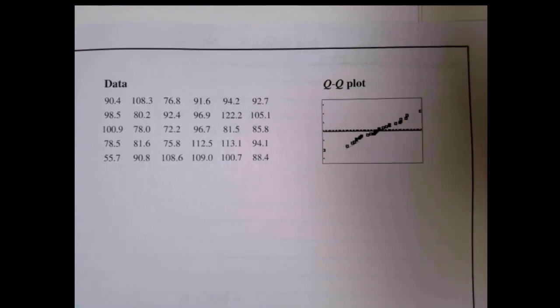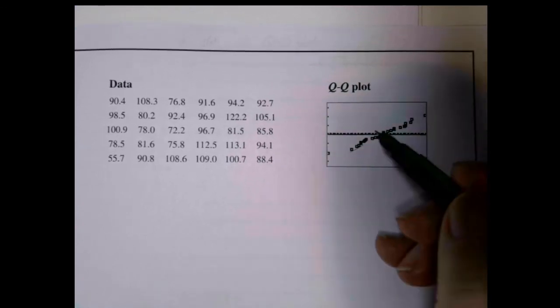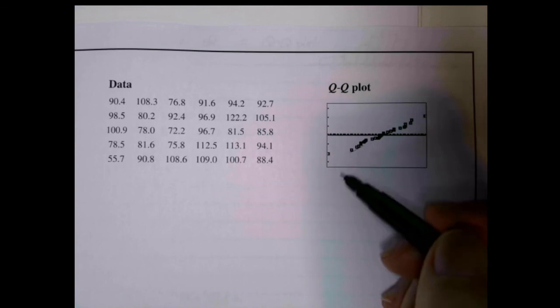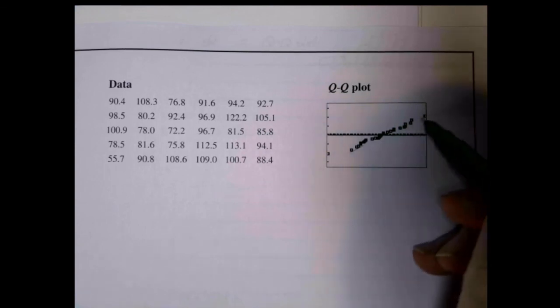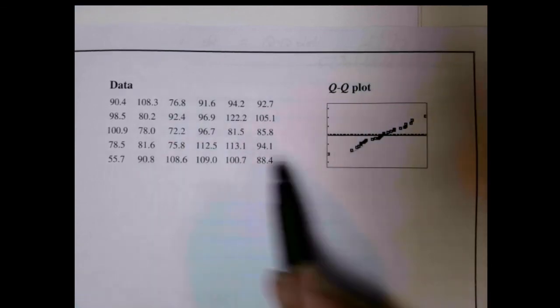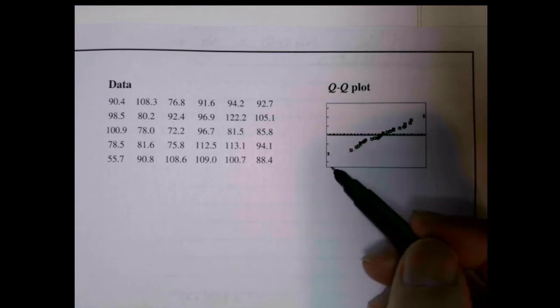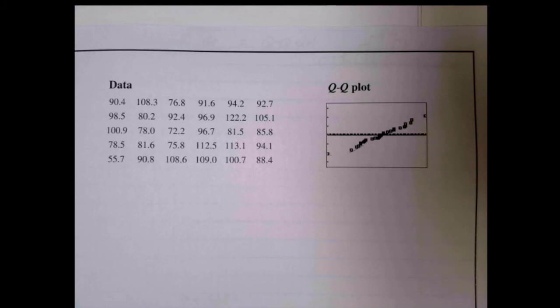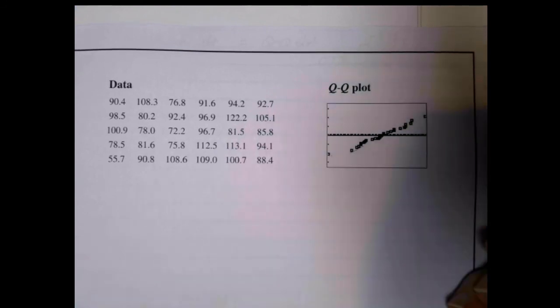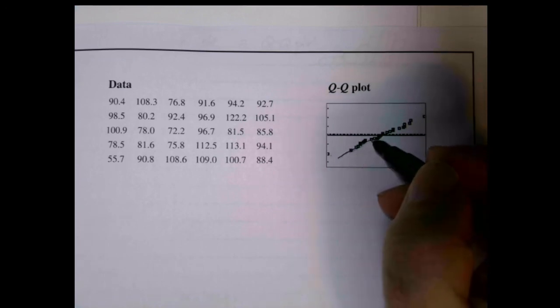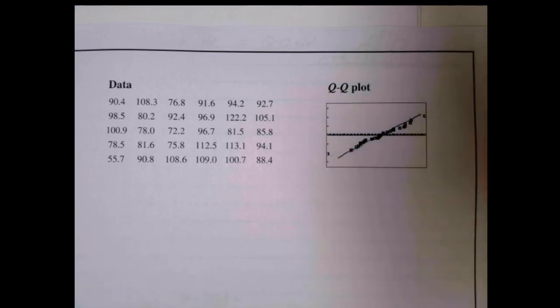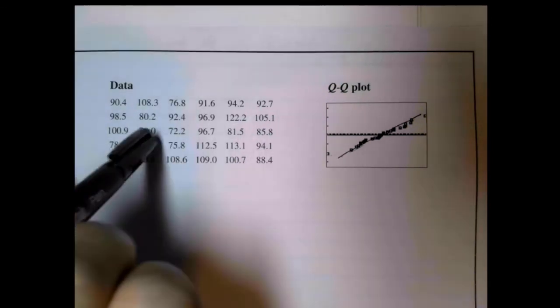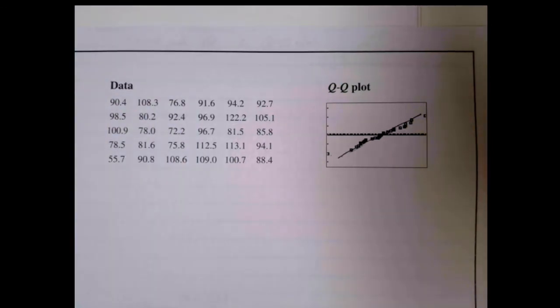Right? Again, you will not need to know how to make these things. But are these dots close enough to a straight line to decide that this data is probably from a normally distributed population? Oh, very much so. Right? We do seem to have one exception, but most of them fall really close to a straight line. And in fact, of course, I made this up, so I happen to know that that data was sampled from a normal distribution.